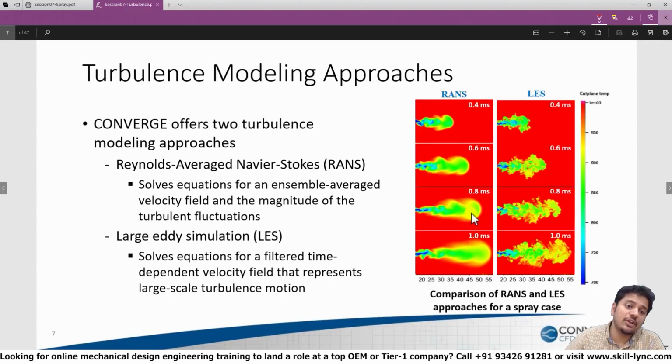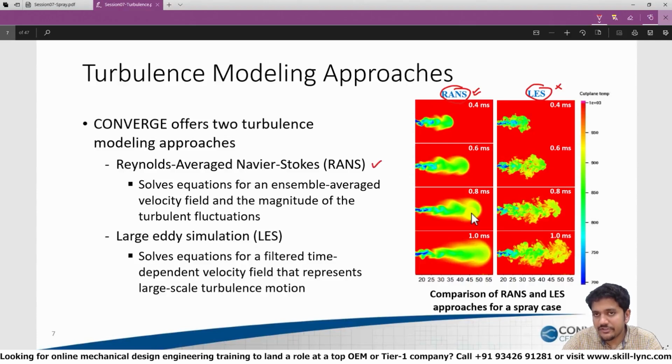So let's talk about turbulence modeling approaches in CONVERGE. In CONVERGE, you have two types of turbulence modeling. One is RANS and the other one is LES. In this particular course, we are going to be focusing only on RANS turbulence modeling. We will not be talking about LES, other than mentioning that LES stands for large eddy simulation. The approach that we are focused on is called Reynolds-averaged Navier-Stokes.